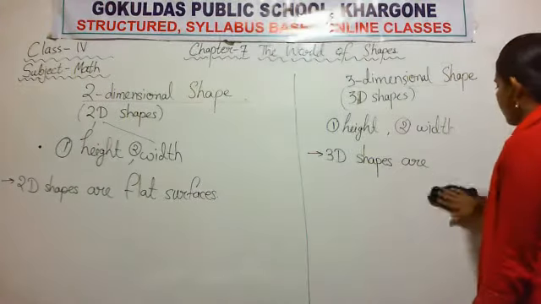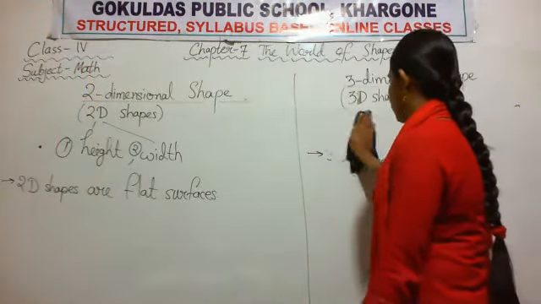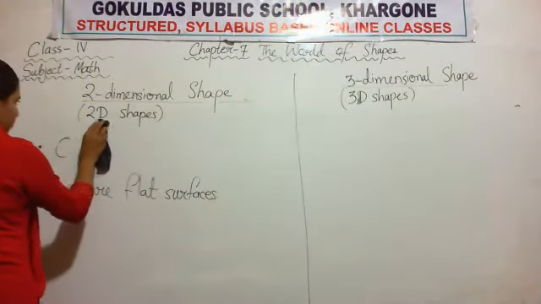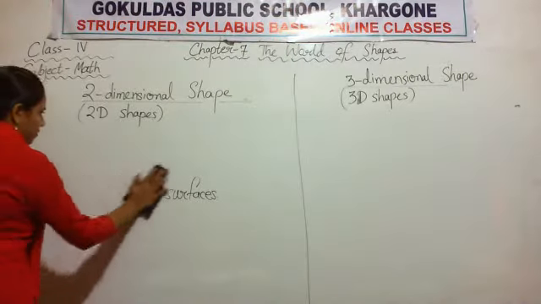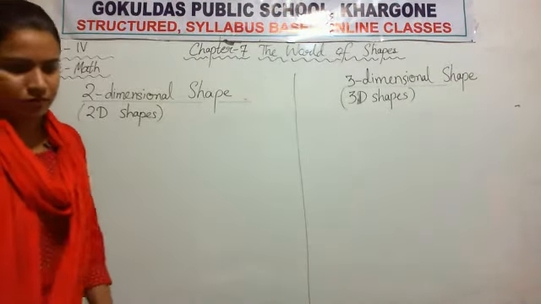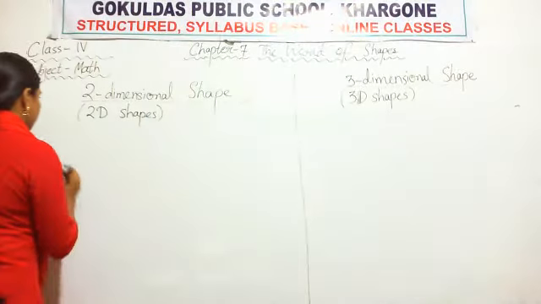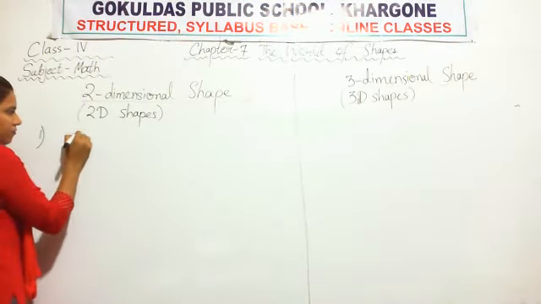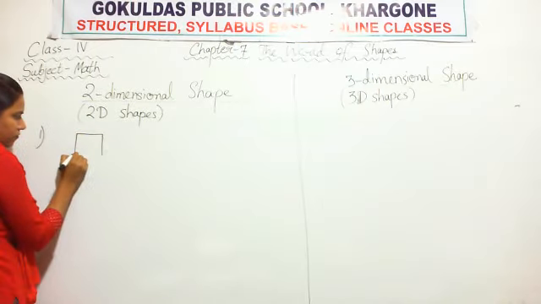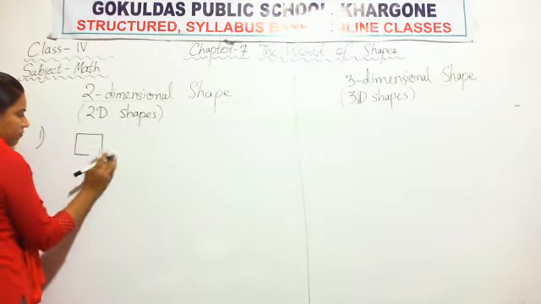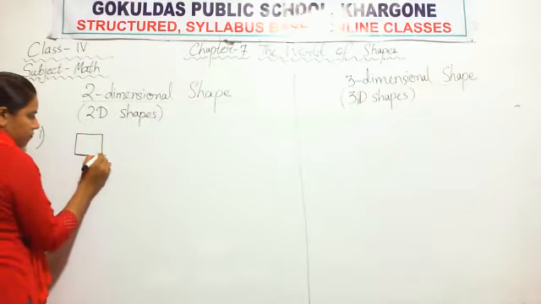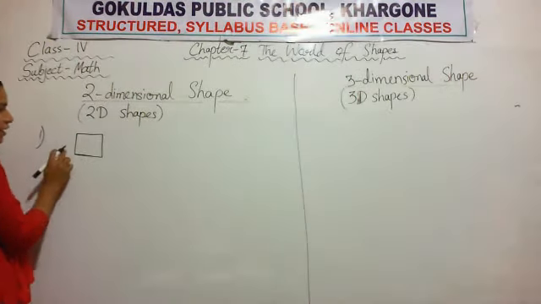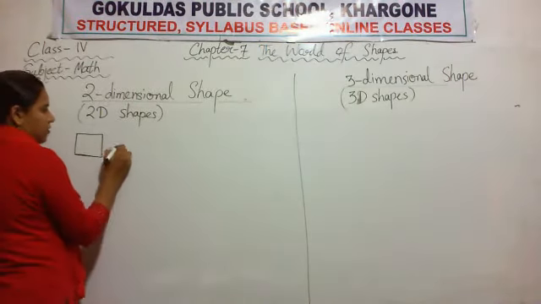Now let me draw the shapes. This polygon is made up of 4 line segments.